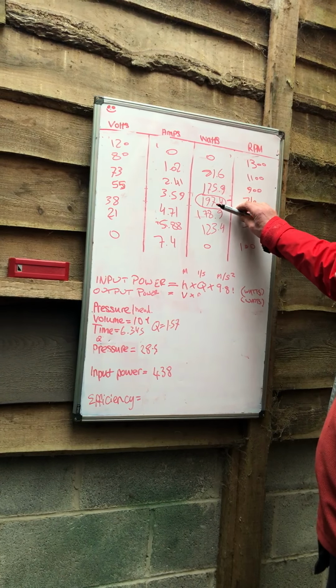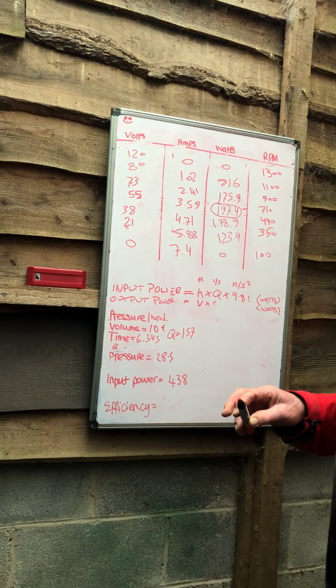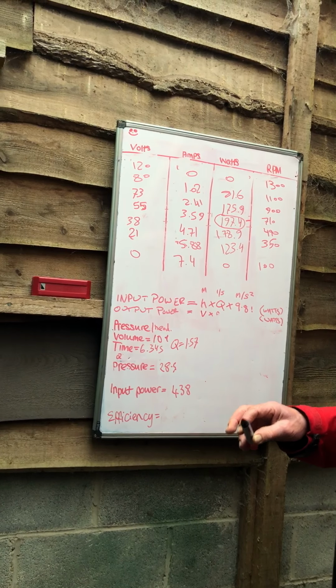For efficiency you measure power out divided by power in. Yeah, power out divided by power in. So it's 197 divided by 438.